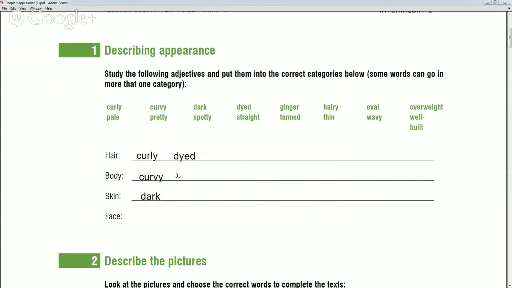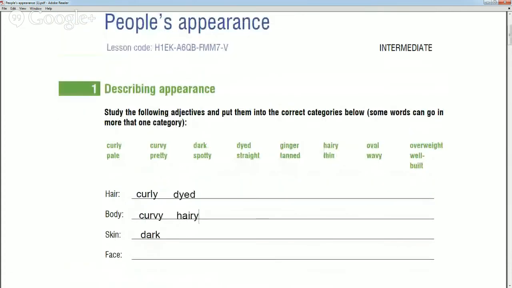Okay. Can I use this word, for instance, for a man with long hair? Could I say that he's hairy? If he has long hair on his head, no, just on his head, like a rocker, no. If he had long hair and a long beard, then you could say he's hairy.